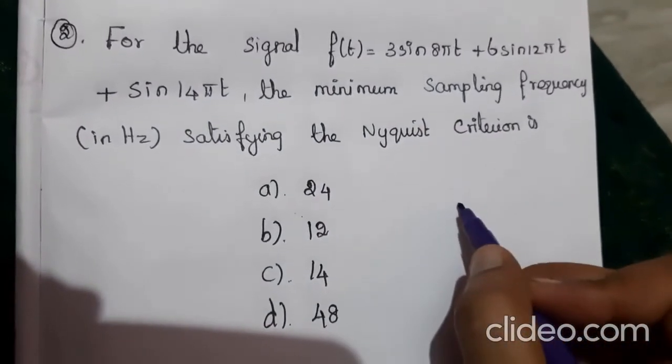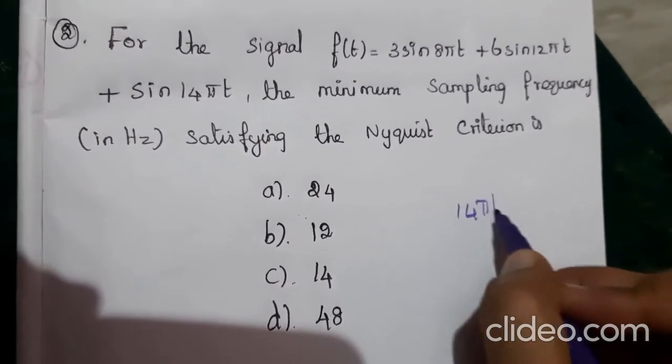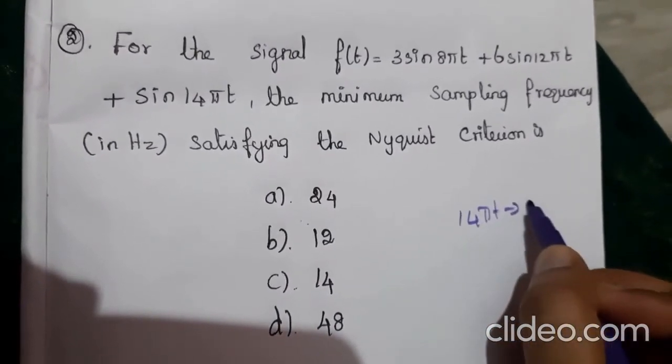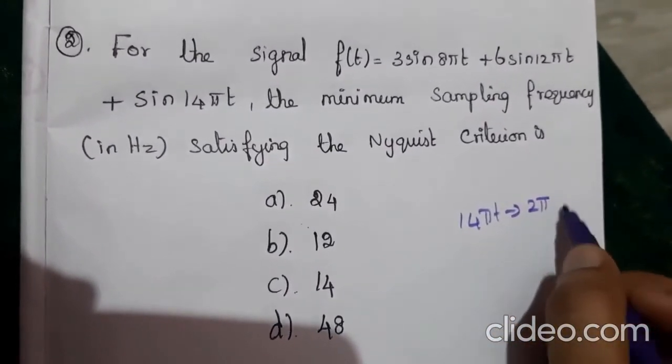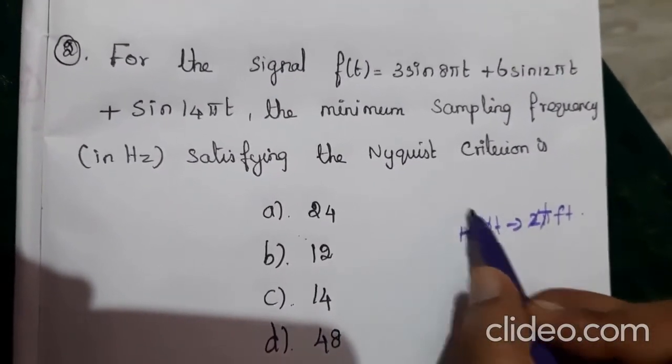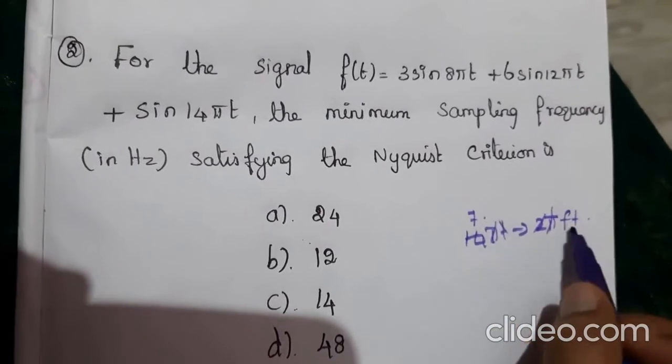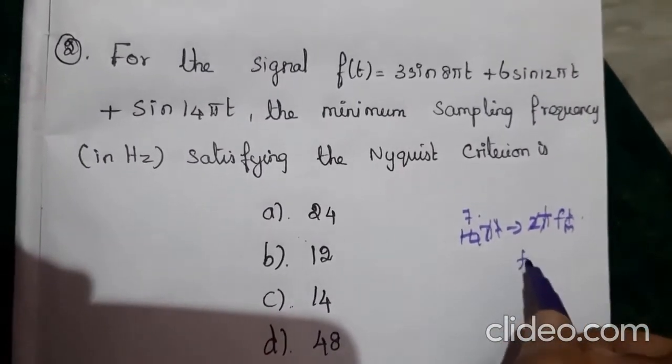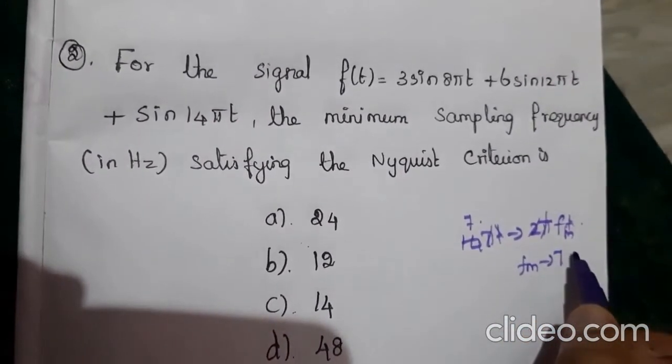So 14 pi t equals 2 pi f t, pi cancels and this becomes 7. So the maximum frequency fm is 7.